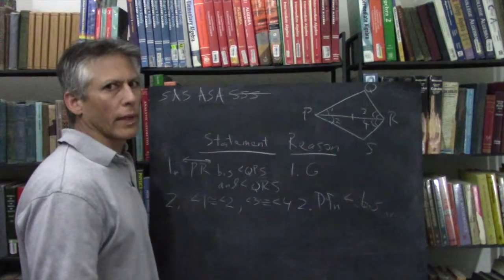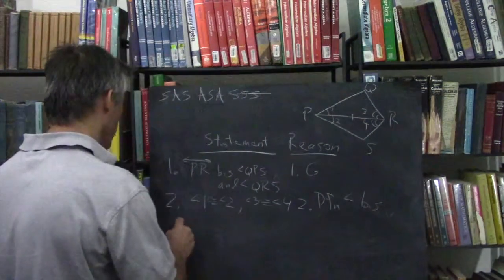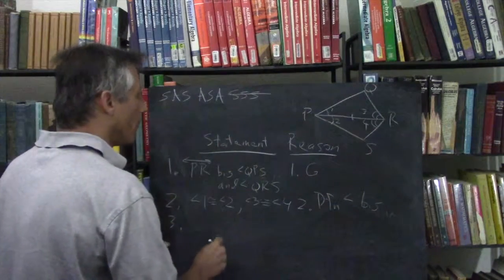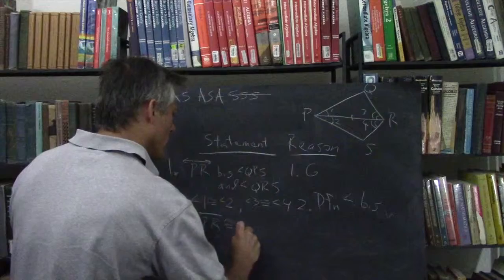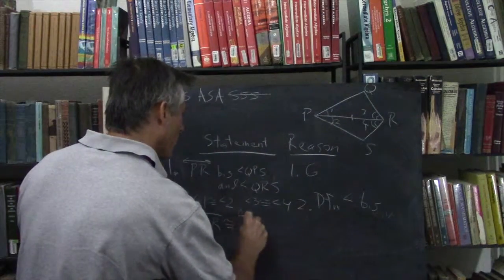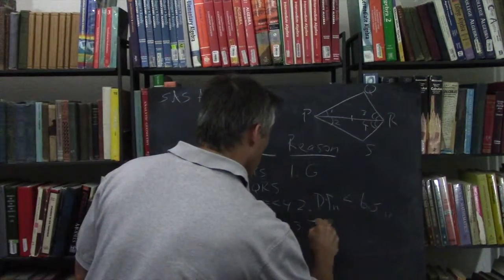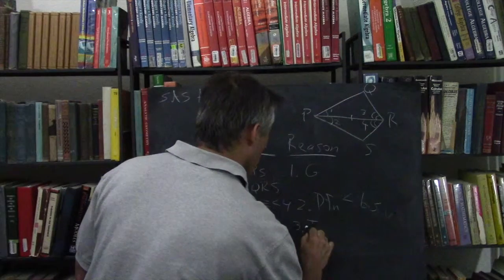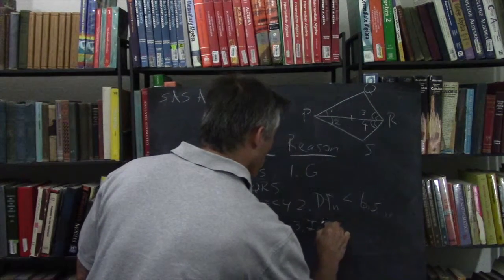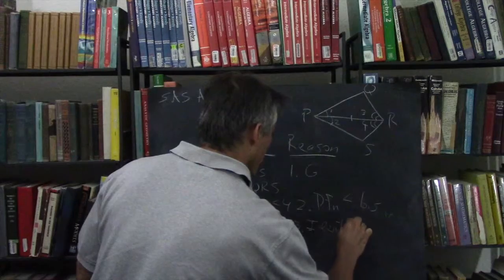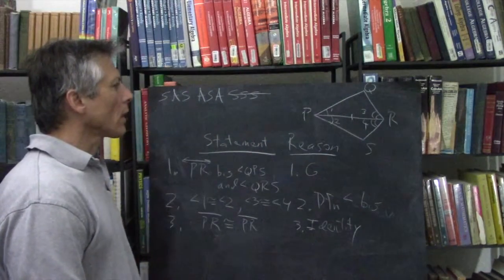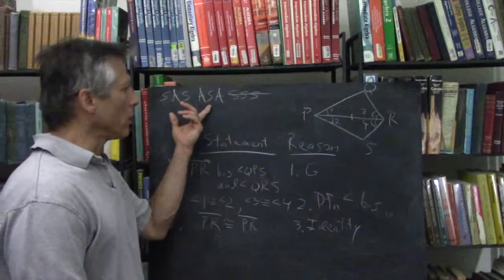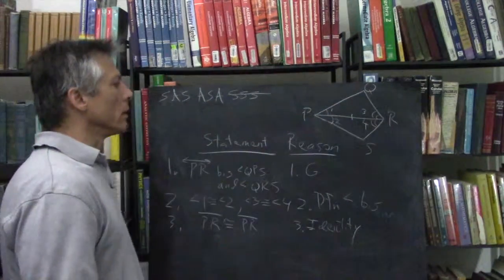And it's, again, just reflexive. I'll call it identity this time to be different. PR is congruent to itself. And that's identity. And then we can use angle side angle to say that the triangles are congruent.